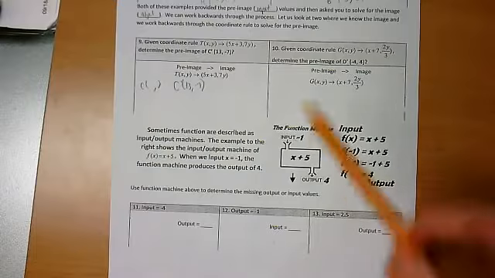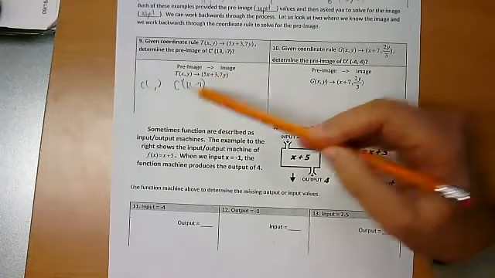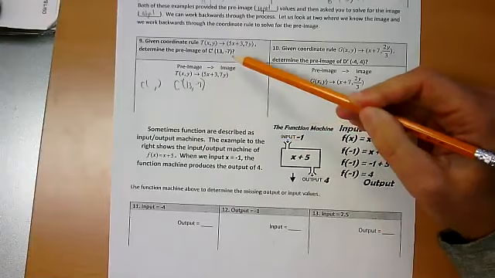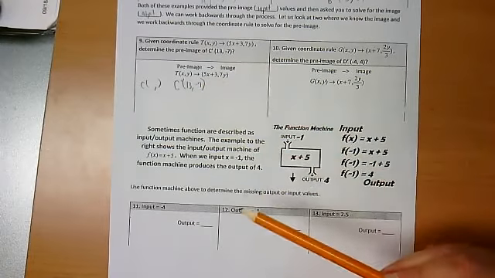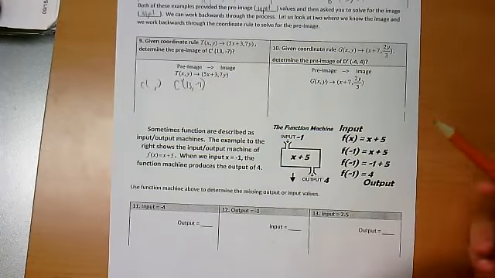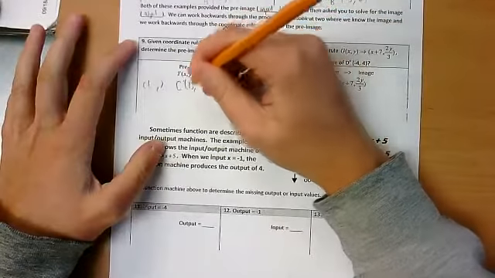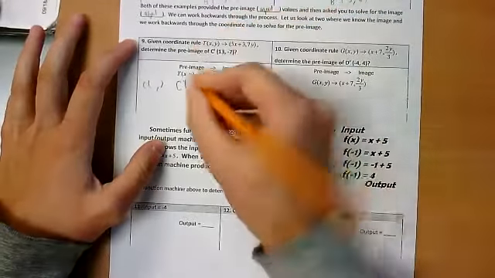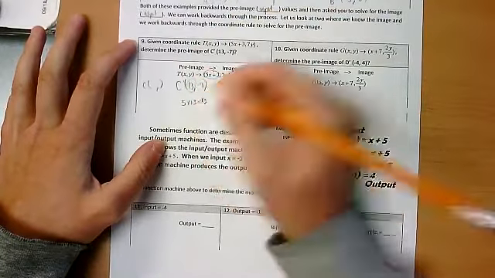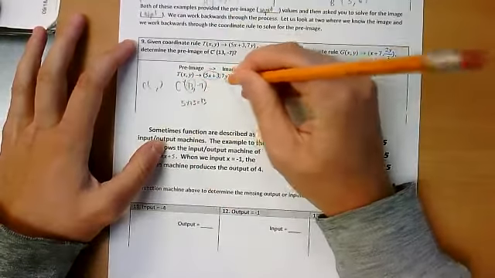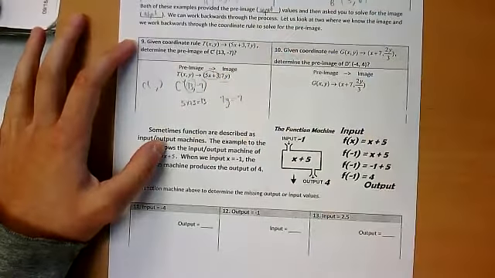So I'm solving for C, the pre-image, if my image C prime is (13, negative 7). What you're trying to think is, 5 times what number plus 3 is going to equal 13, and 7 times what number is going to equal negative 7, okay? We can just set up a 2-step equation or 1-step equation to solve for those. I'm going to match up my x-coordinate rule with my x-coordinate: 5x plus 3 is equal to 13, and match up my y-coordinate rule with my y-coordinate: 7y is equal to negative 7, and we're just going to solve.